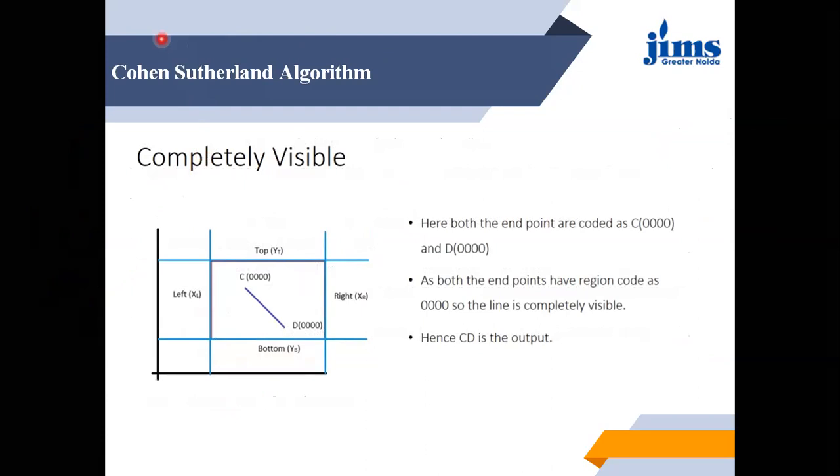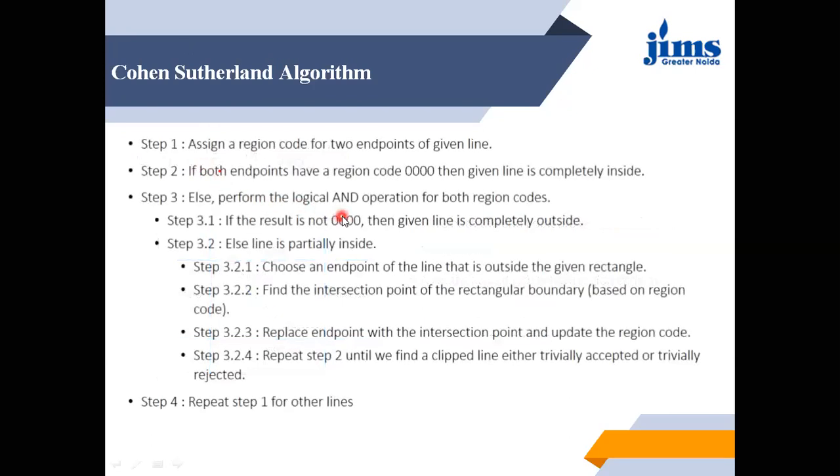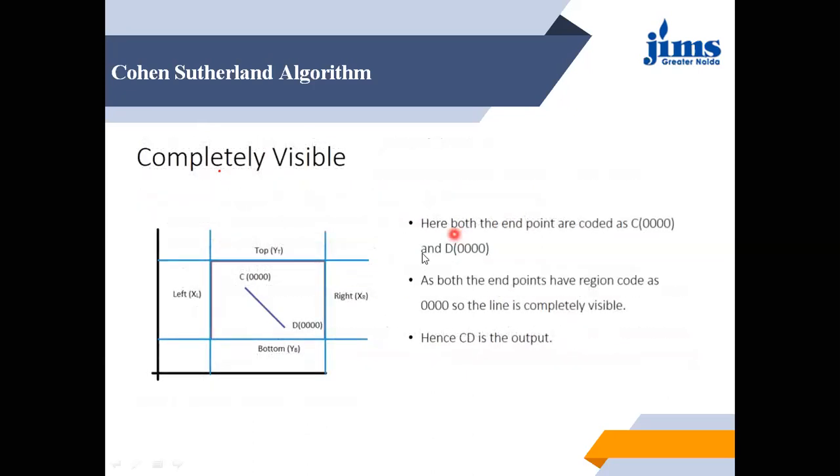So this is when the line is completely visible, as in the case you can see in the last slide, when the region codes of both endpoints are 0000.